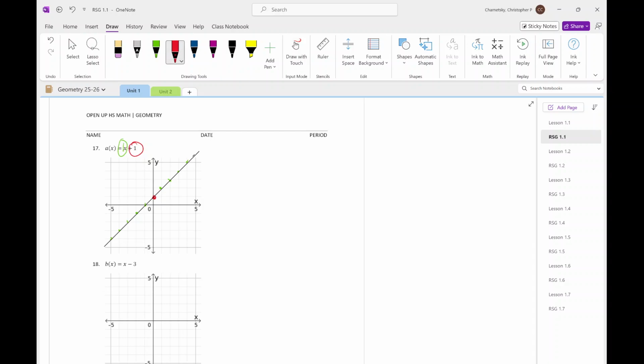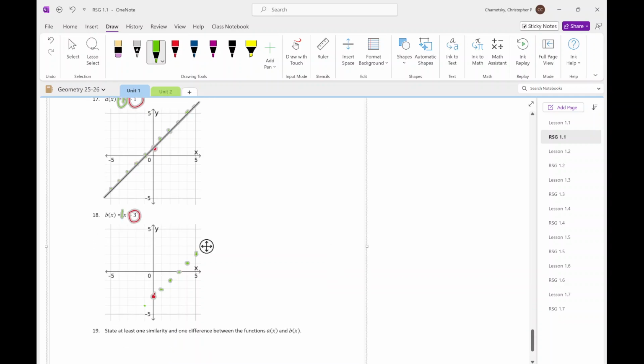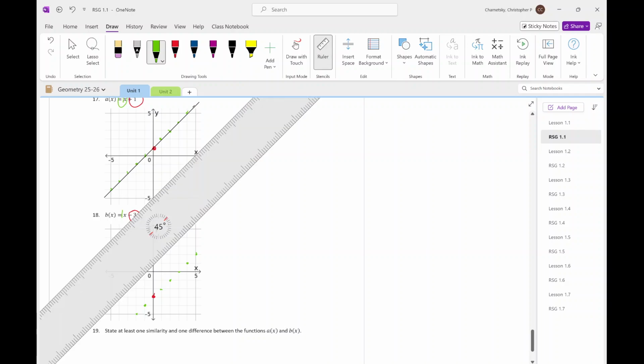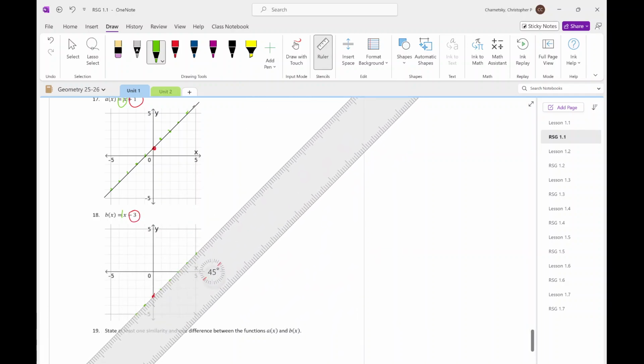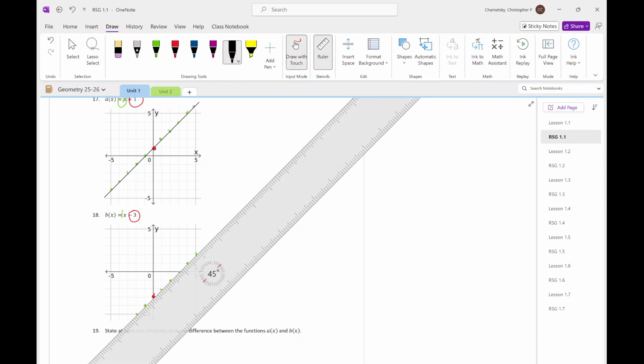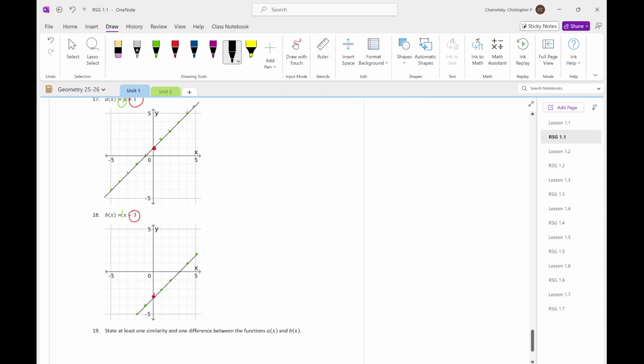And then for this one, our y-intercept is negative 3. And again, we have that slope of 1, so up 1 over 1. We'll line that up. There we go.